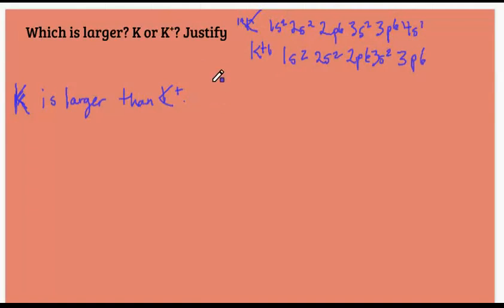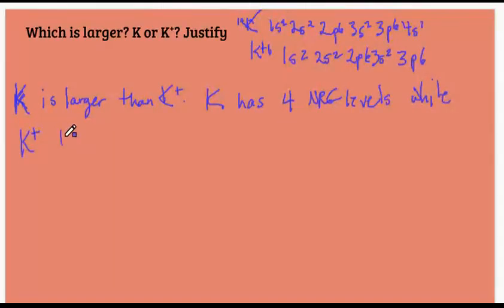Now, what is the evidence? K has 4 energy levels, while K plus has only 3 energy levels.